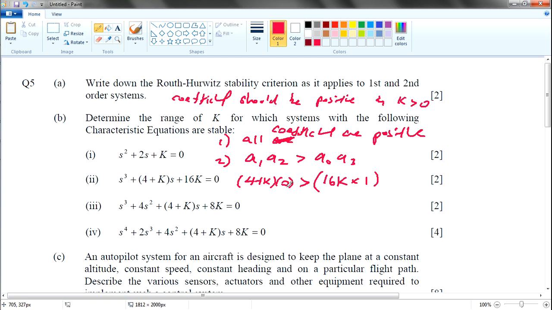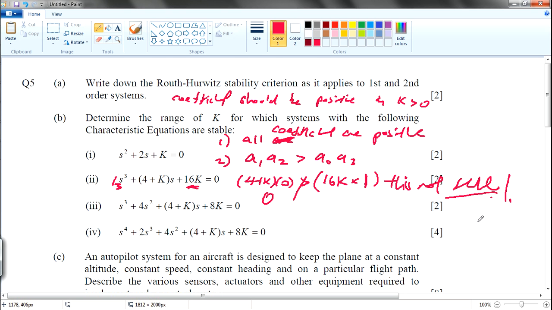As you can see, 0 multiplied by anything gives 0, and 0 minus anything is not larger than 16k. So a0 is 16k, and a3 is the coefficient of s cubed, which is 1. With this, you can say that this system is not stable.